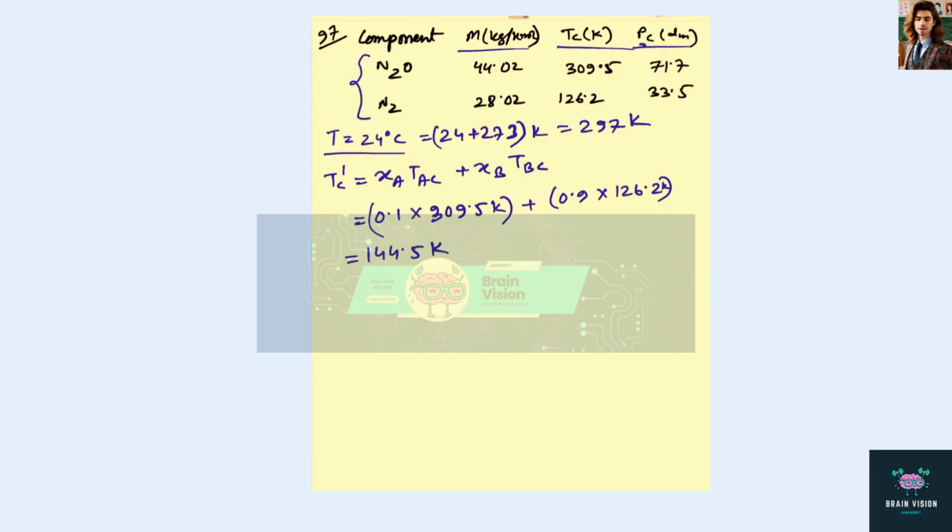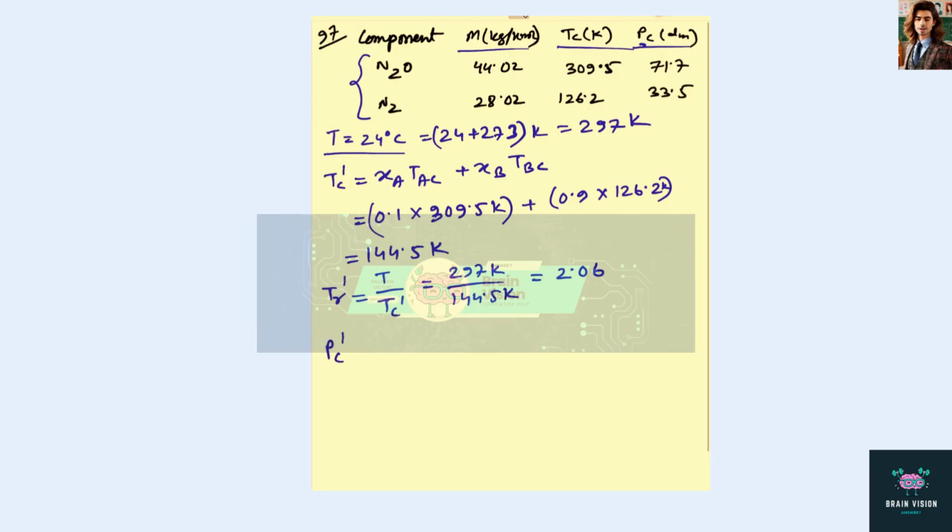Therefore, the pseudo-critical temperature is 144.5 Kelvin, and the pseudo-reduced temperature is the process temperature divided by the pseudo-critical temperature. Therefore, the pseudo-reduced temperature is 2.06.